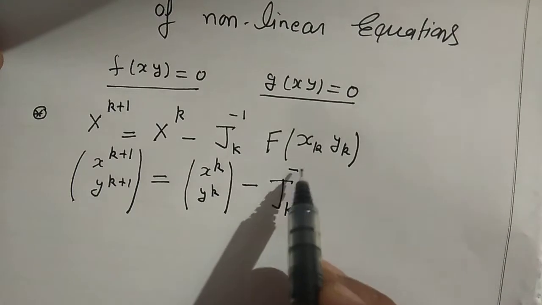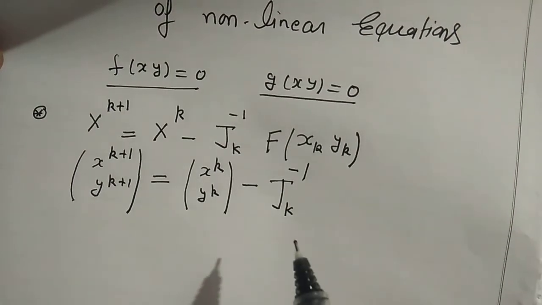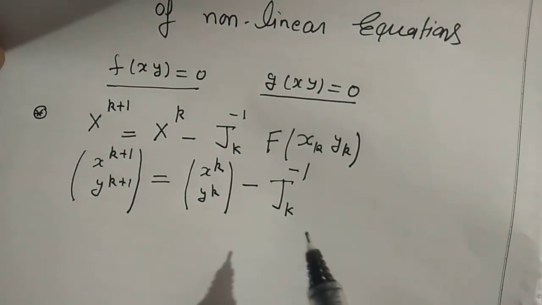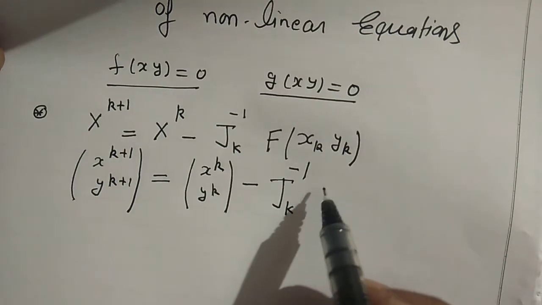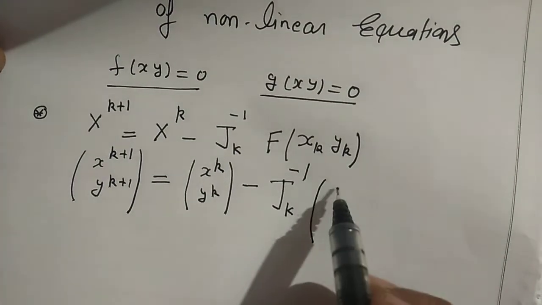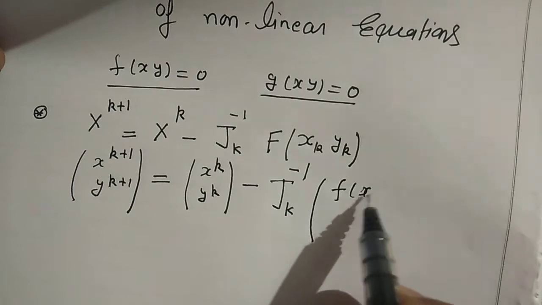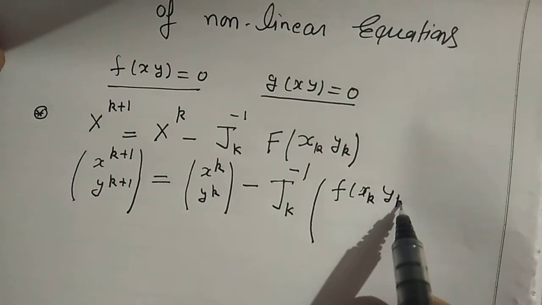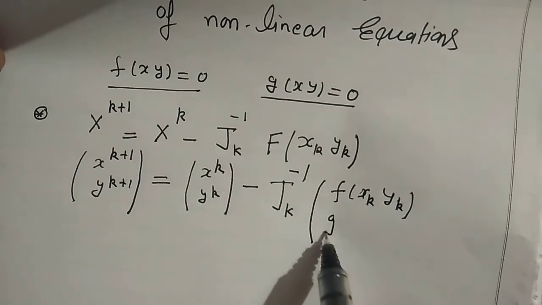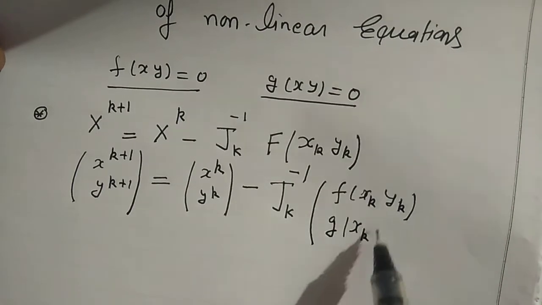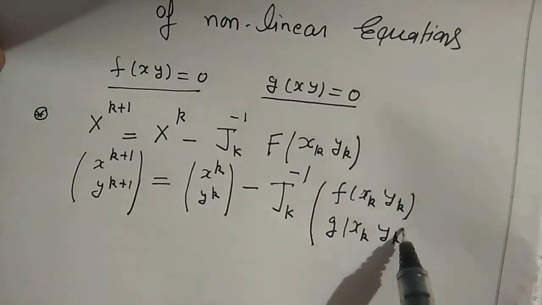J_k inverse means inverse of the Jacobian matrix at the point x_k, y_k, and this is your f(x_k, y_k) and g(x_k, y_k).